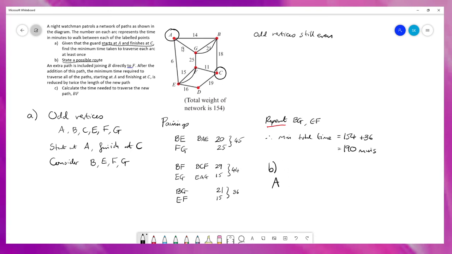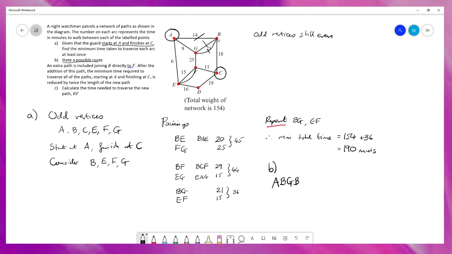So what I tend to try and do is get rid of these repeated routes as soon as possible. So I'm going to go A to B, then B to G, and then back to B. Because that means then I've done both of those and I don't have to worry about it.